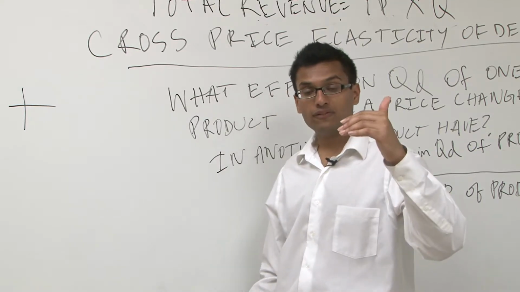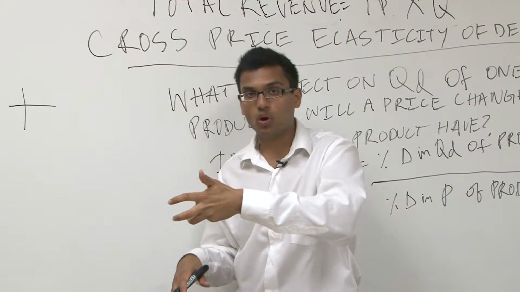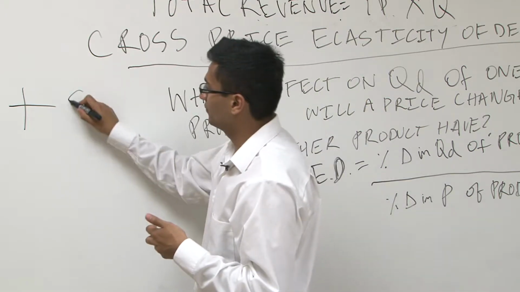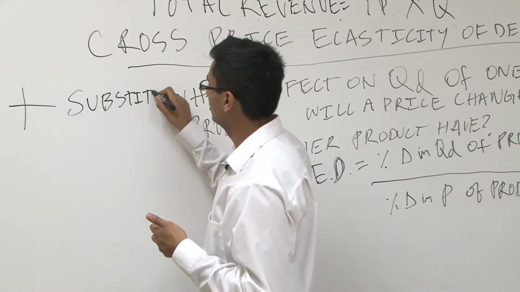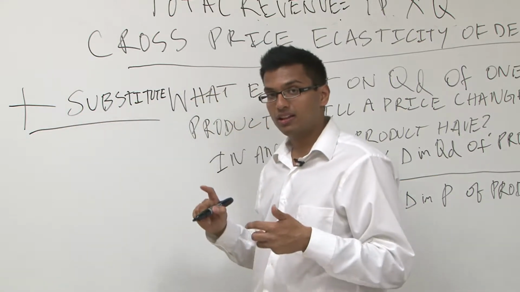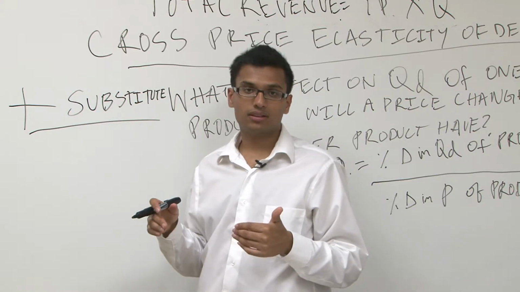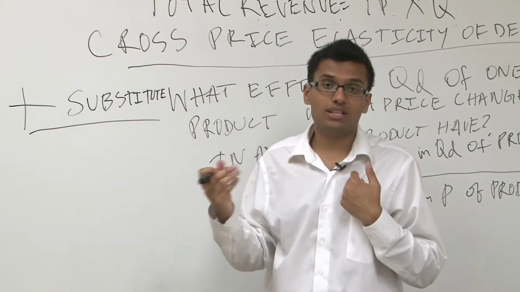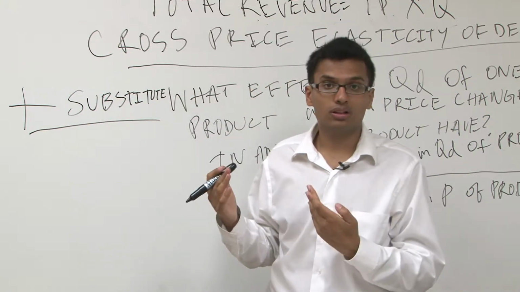Well, it says that if there's a percent change in price and a percent change in quantity demanded, it means that it's a substitute good. That means that if my competitor increases the price of his markers, obviously more people are going to consume my marker because I haven't changed my price, so it's cheaper.